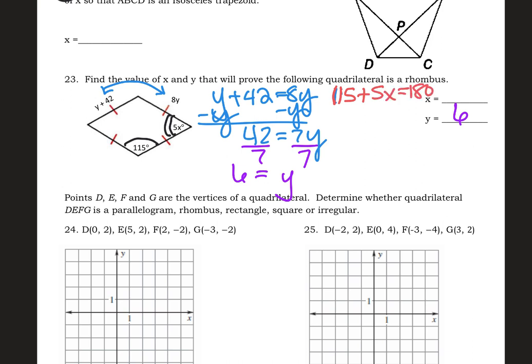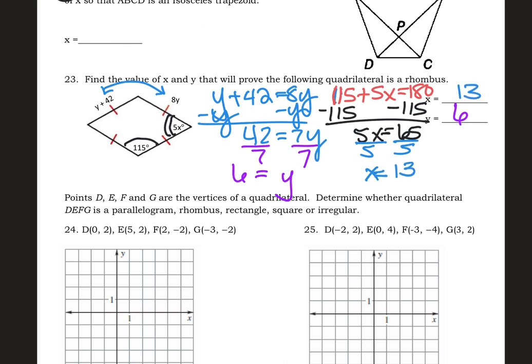We'll subtract 115 from both sides. So 5X is going to equal 65. Divide both sides by 5. X is going to equal 13. All right.